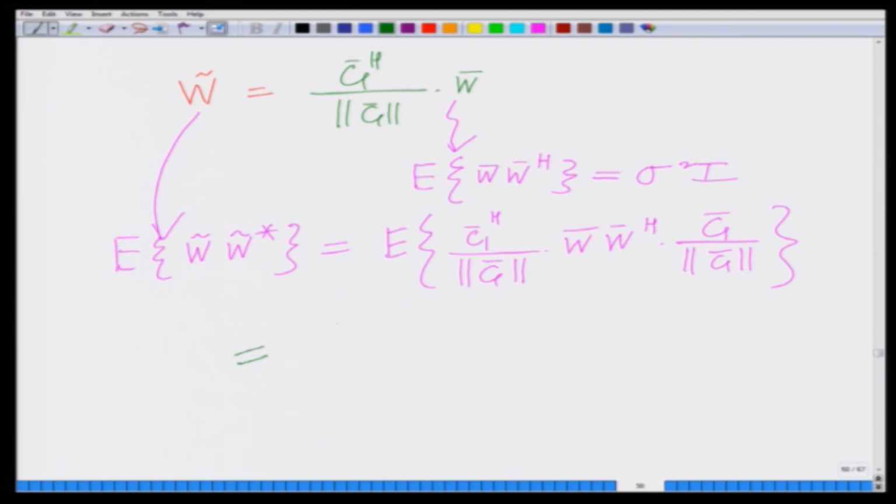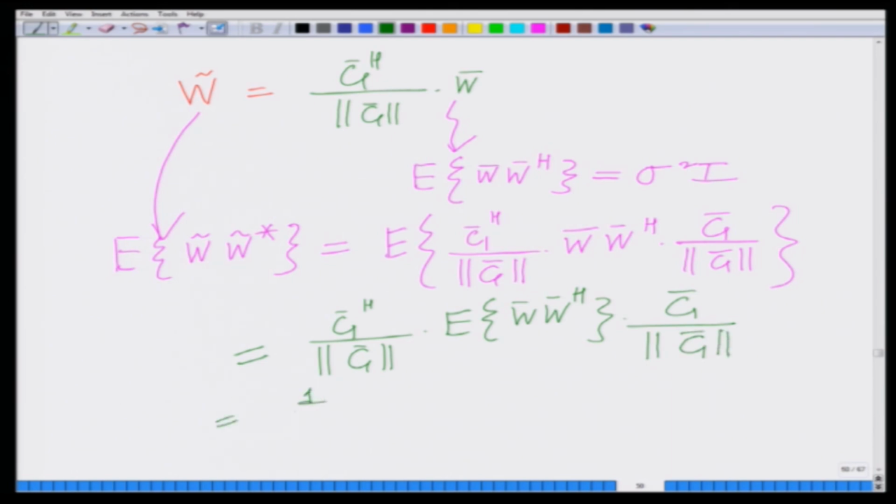Now, taking the expectation operator inside, this is equal to 1 divided by norm C1 bar square times C1 bar Hermitian, expected W bar W bar Hermitian, which is sigma square times identity, times C1 bar.